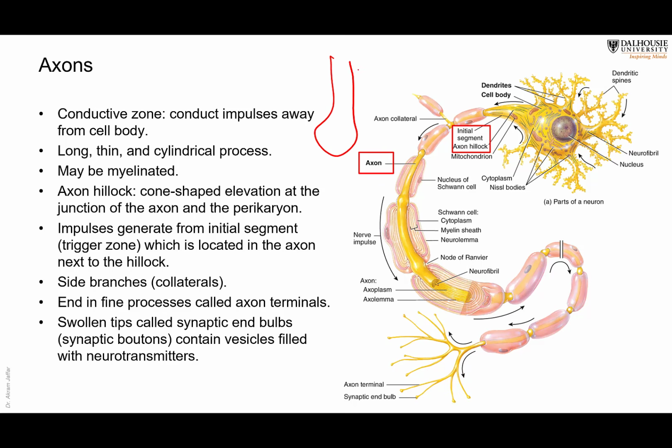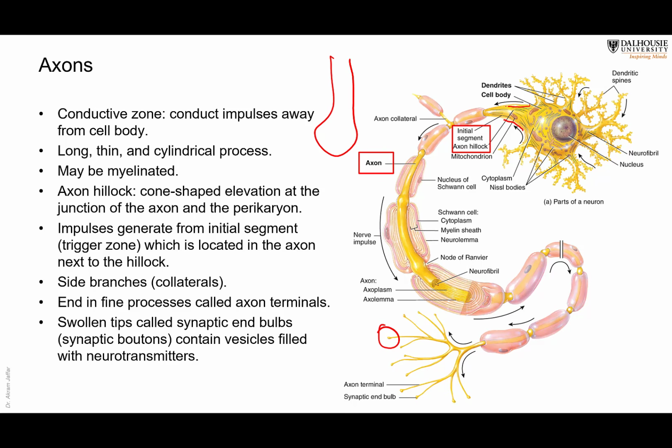So they are distended like that at the end. And they carry impulses away from the body of the cell. They start at this location, which is called the axon hillock. A hillock means a small hill, and it looks like a small hill, so that's why they call it the axon hillock.